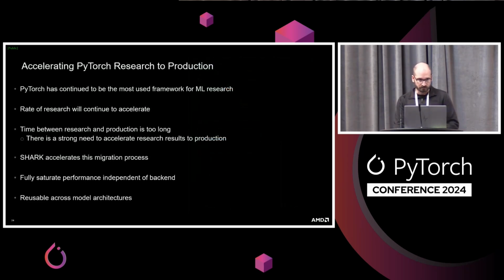So why are we doing all of this? The reality is that PyTorch has had an amazing impact on being able to accelerate research, and we're seeing that it's continuing to go faster and faster. And the consequence of this is that the n-squared matrix of combinations of features is getting really big. And it's not sustainable to have us writing every combination of features imaginable.